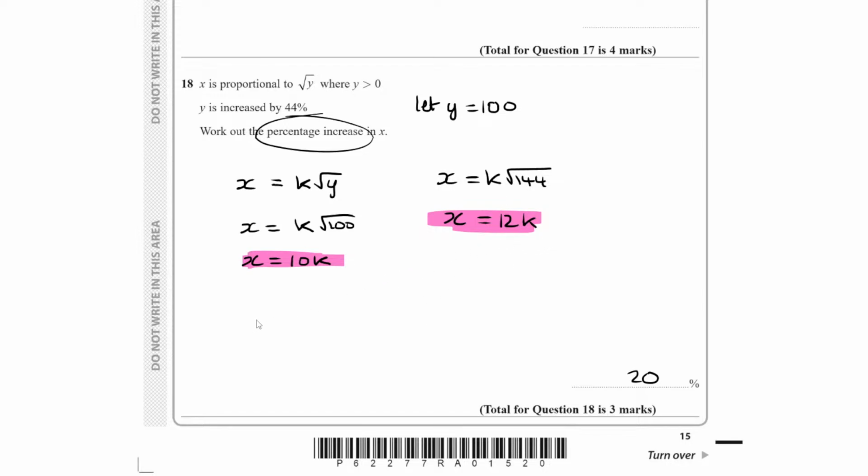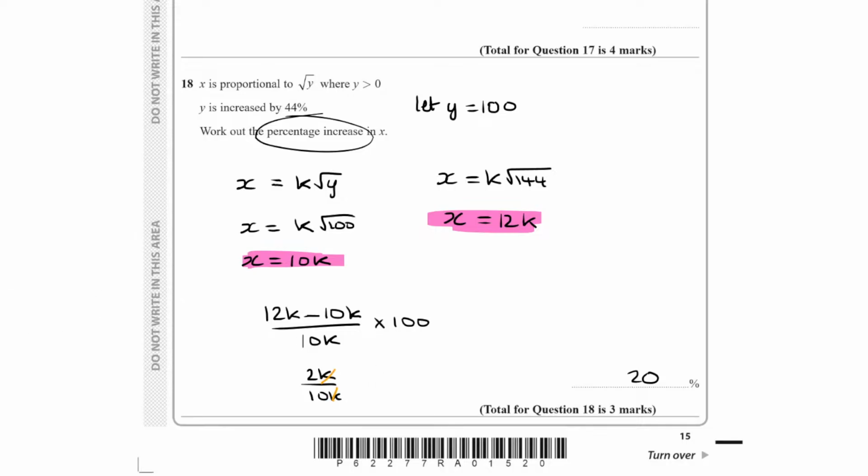Percentage change is the change, so that would be 12k minus 10k, over the original, which is 10k. Do you see how if I were to simplify that, times by 100, you'd get 2k over 10k, where the k's would cancel anyway? That's why I'm saying ignore the k. The k doesn't really make any difference.